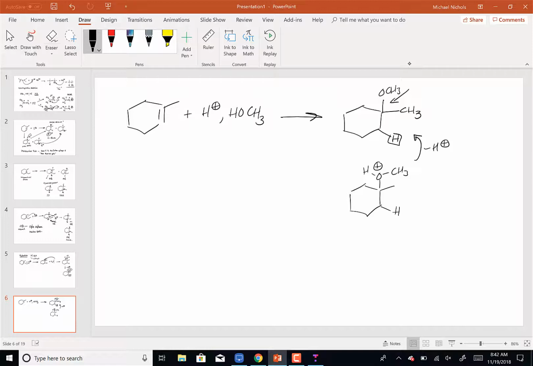Okay, so again, if I wanted to write the mechanism of this, I would go back to my last page. I would erase one of the H's and put in a CH3, and I would have the mechanism.